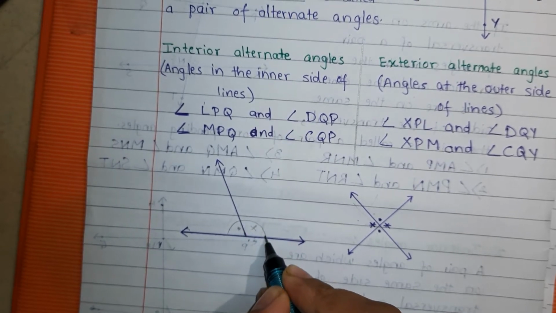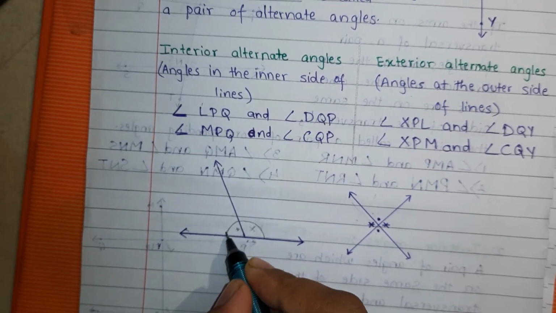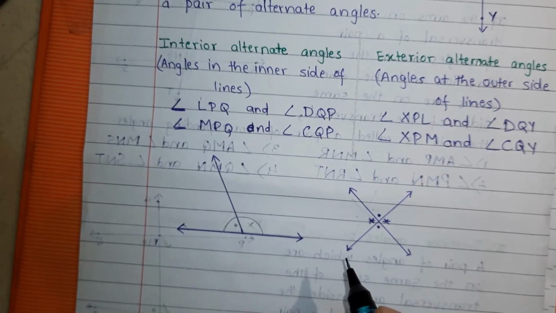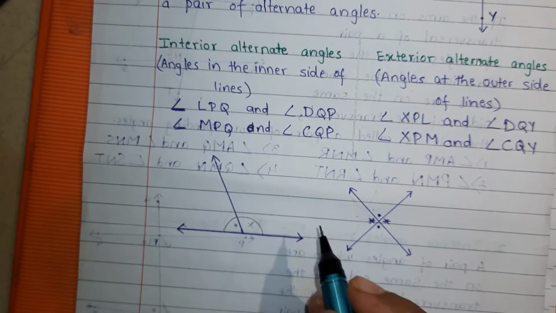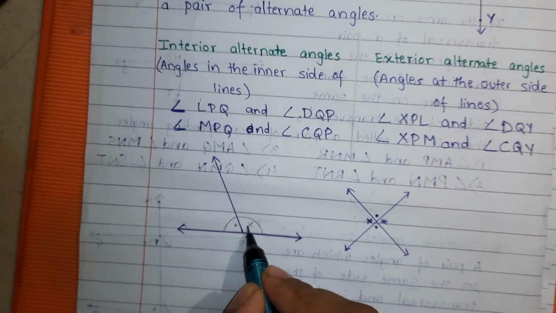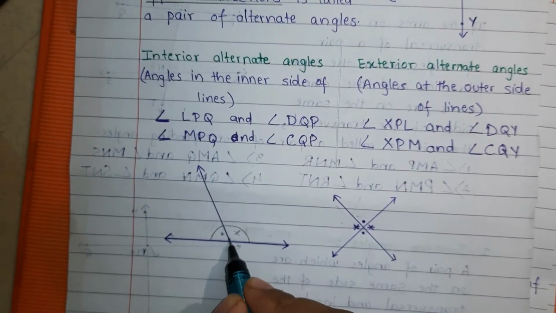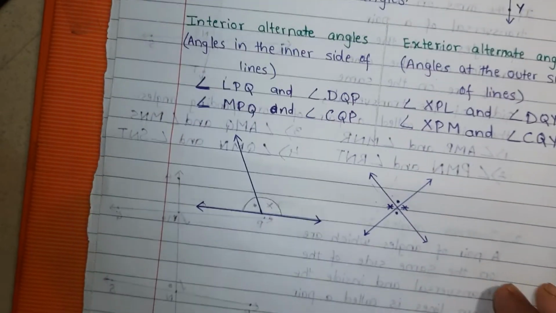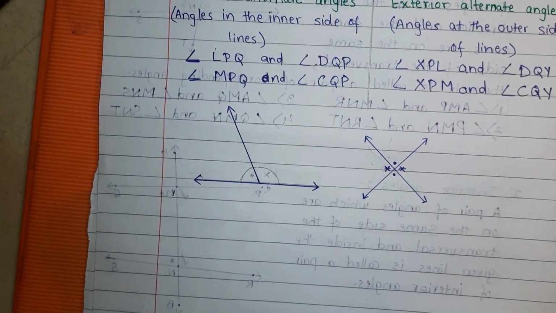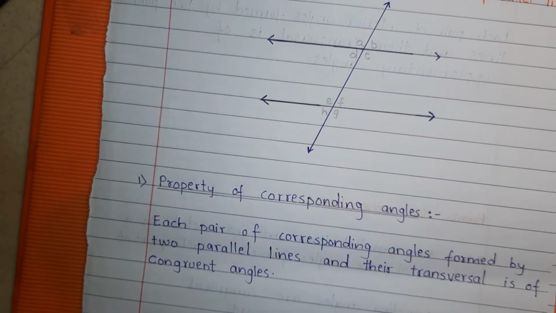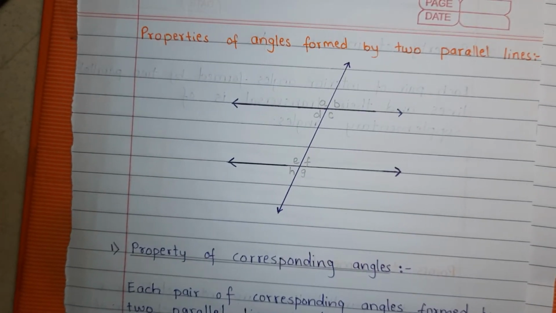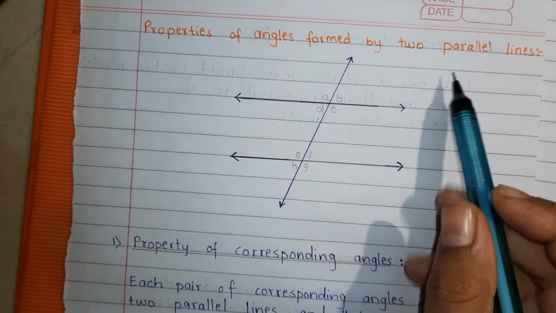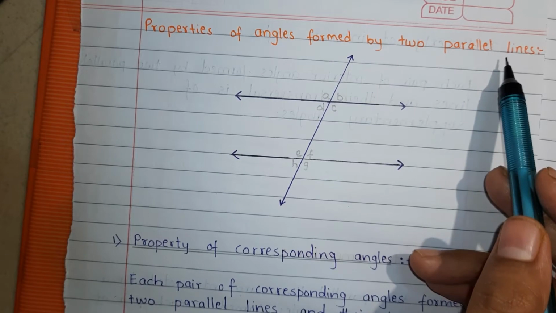They form a semicircle, meaning they are supplementary. Their addition is always 180 degrees. When two angles are formed on a single line by drawing a ray, such two angles are called a linear pair of angles.